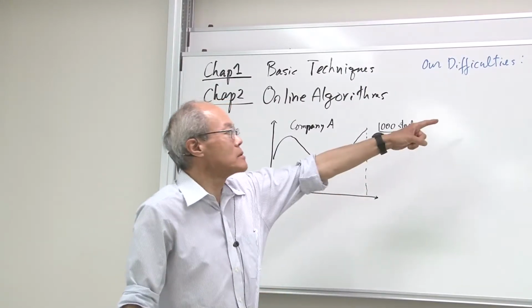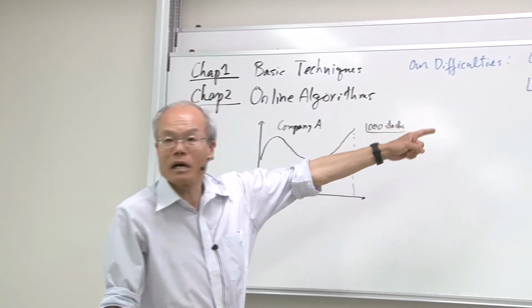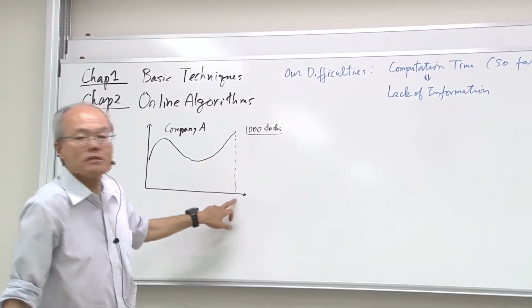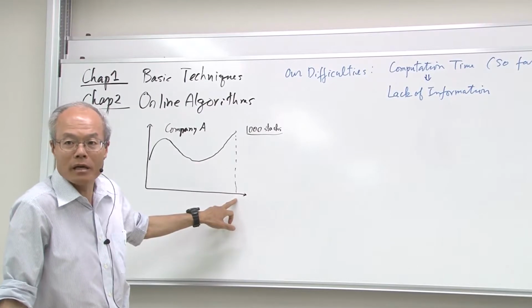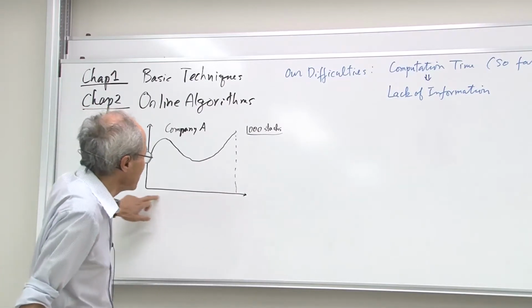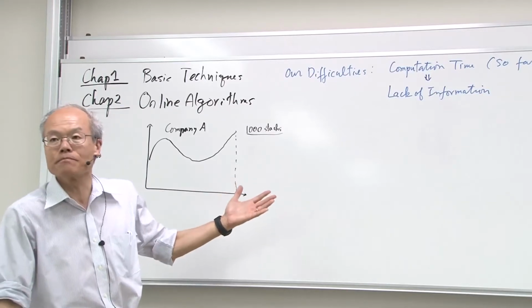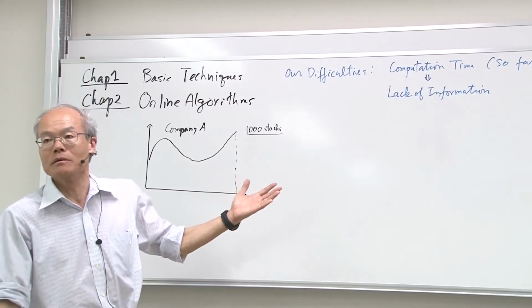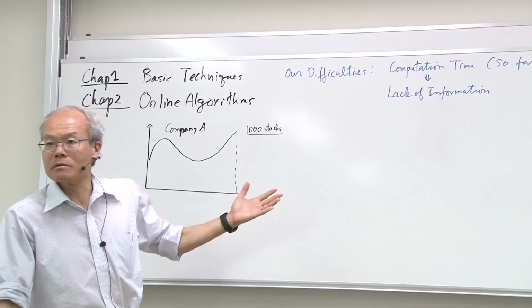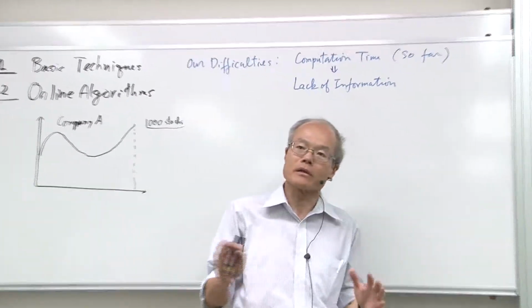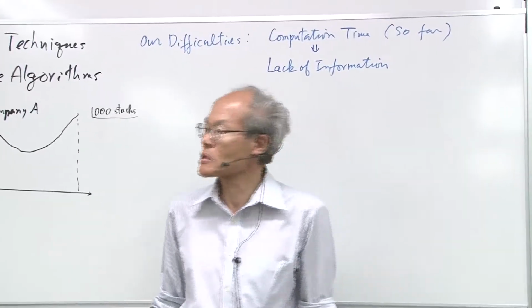That is what I mean by lack of information. But still, you have to make a decision about the current action, using just the previous information. You can't use future information. This is a typical situation.